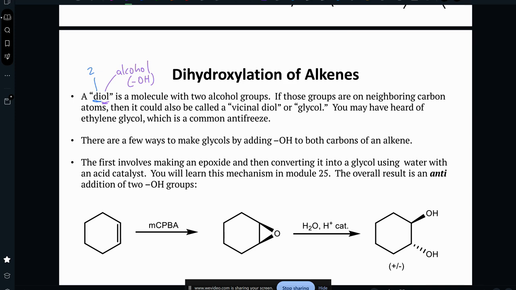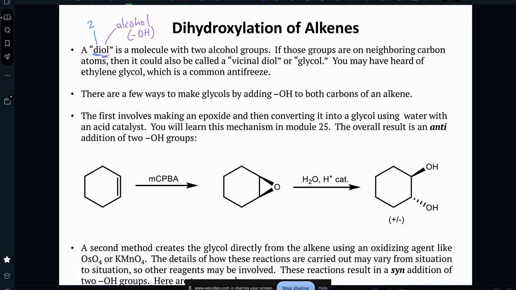I apologize on behalf of the chemistry community that we have to come up with so many different names for things. And I'm not telling you to memorize all these names. What I am just introducing them for is that you might hear them from time to time and want you to recognize them. You might have heard of ethylene glycol, which is used in antifreeze, and that is just a 2-carbon glycol. So it's 2 carbons with 2 OH groups.